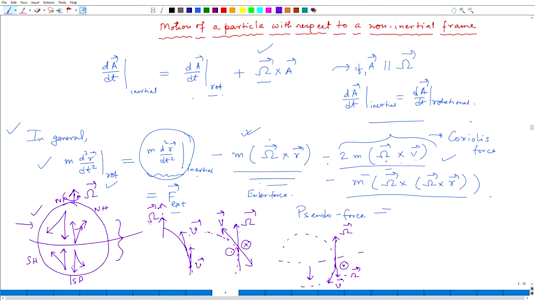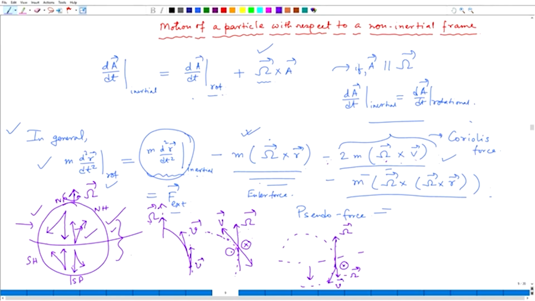So, this can be concisely condensed into a form of a law, where you can say that if on earth air moves in the northern hemisphere, then it always gets deflected towards the right. Okay. So, for example, here it is deflected towards the right.